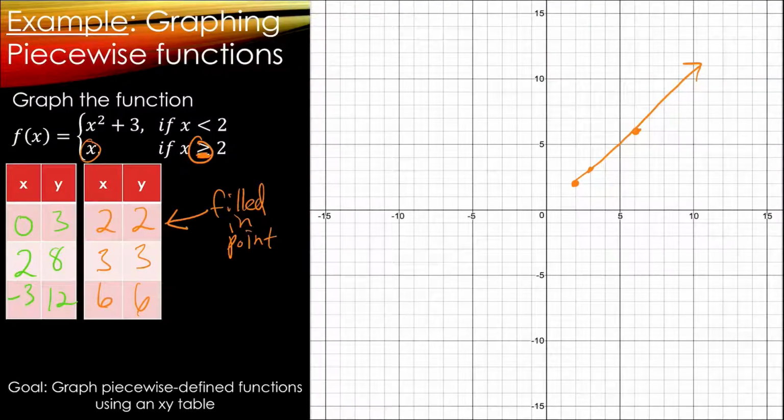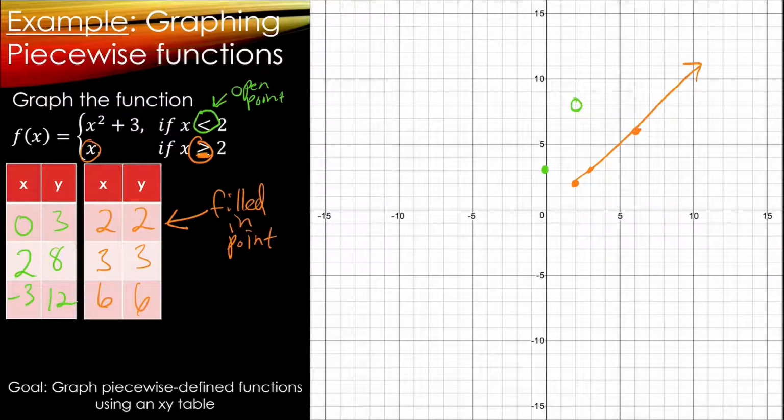Now for my green one, notice my boundary, it can't equal. So this means I'm going to have an open point at my boundary. So at 2, 8, I'm going to have an open point. Notice I have to have this, so this is a function. Okay, then I have my point 0, 3.